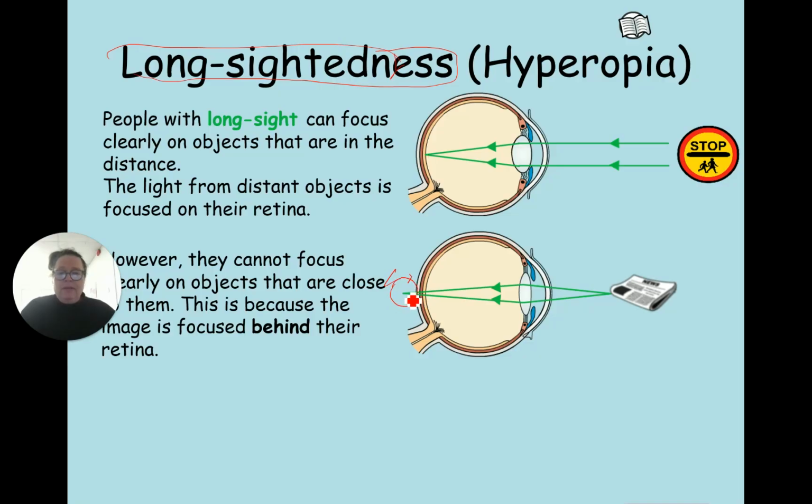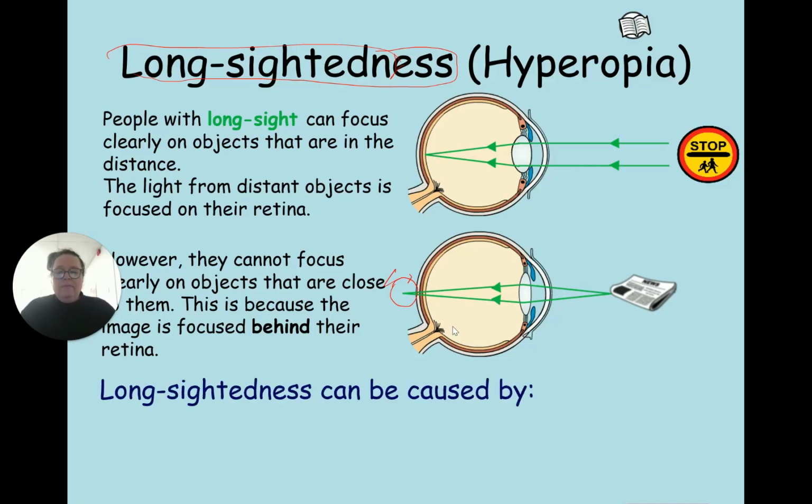So it focuses too far back, it's too long. So long-sighted is behind the retina. Okay, and that's why people who are long-sighted can see a long way away, but they can't see close up so well. So that's long sight. That's rarer than short sight.